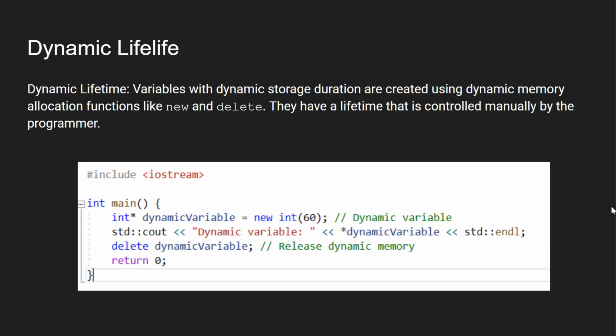The new and delete keywords are primarily used when we're working with pointers that are created, used and deleted within the heap of the program. So that explains the scopes and the lifetimes of the different variable types in the C++ programming language.